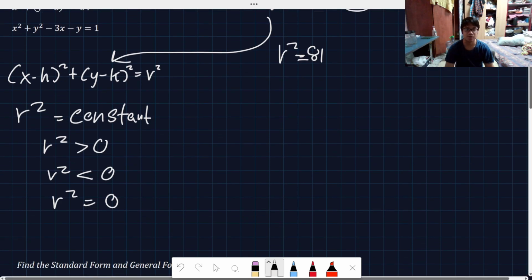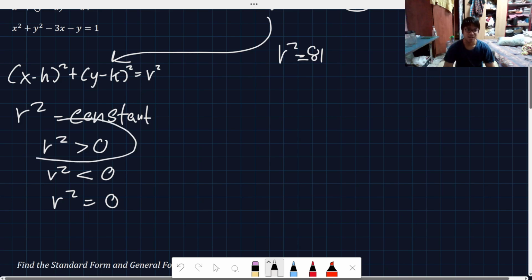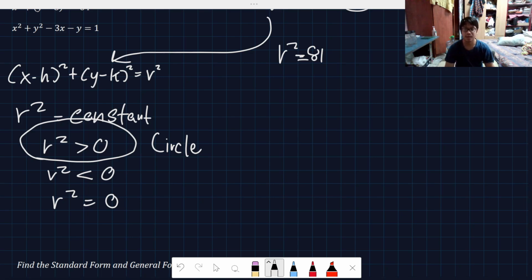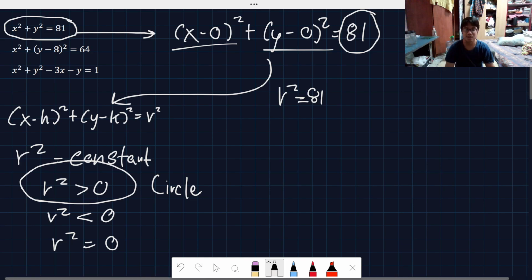Is it greater than 0, less than 0, or equal to 0? It is greater than 0. If it's greater than 0, expect that the graph would be exactly a circle. So with that in mind, let's proceed to graphing the circle.